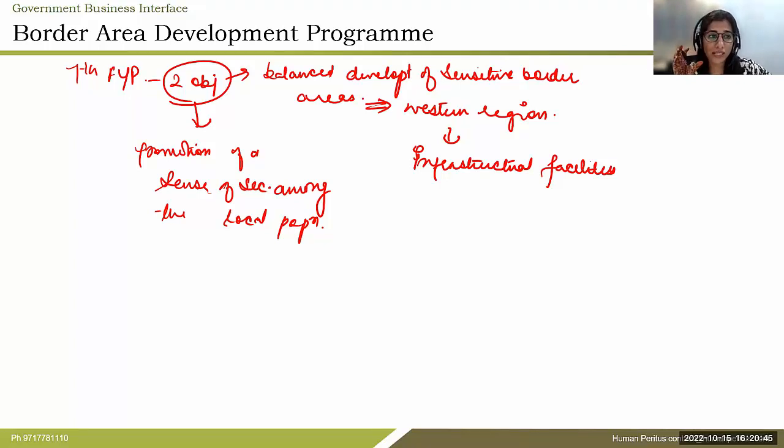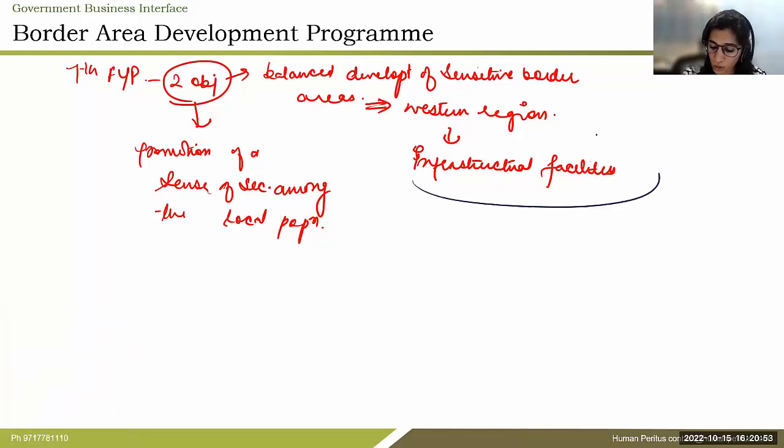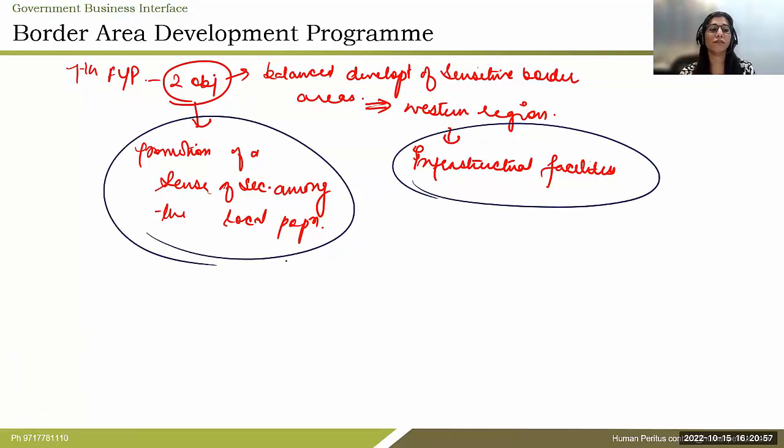So the border area development program had 2 objectives. First one is in terms of infrastructural facility, it wanted to develop it, and next to provide the sense of security among the local population of that area.